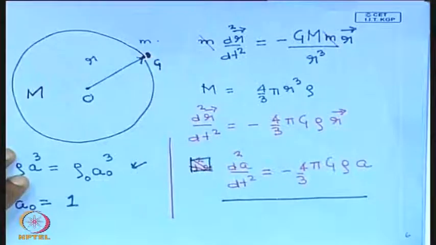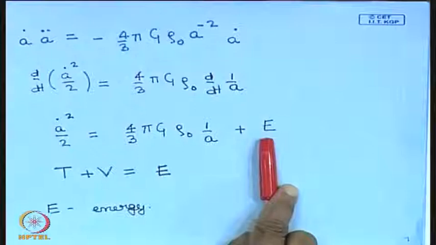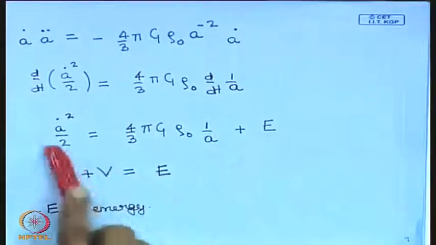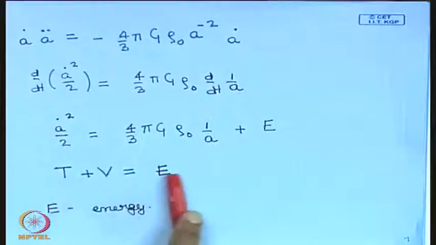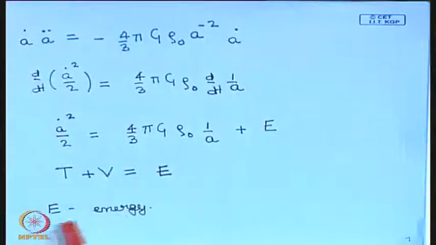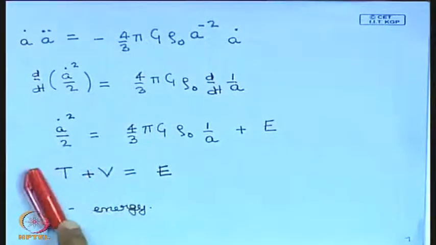So, this is the total energy, which is a constant of integration, a conserved quantity for this motion. So, this equation could be written as T plus V, the kinetic energy plus the potential energy, is equal to the energy of that galaxy. Remember, this is a purely Newtonian interpretation.